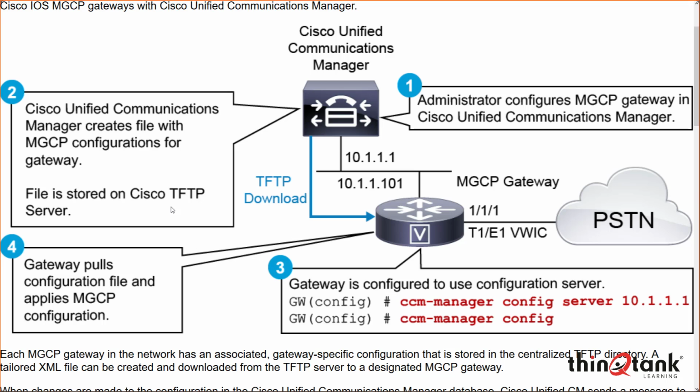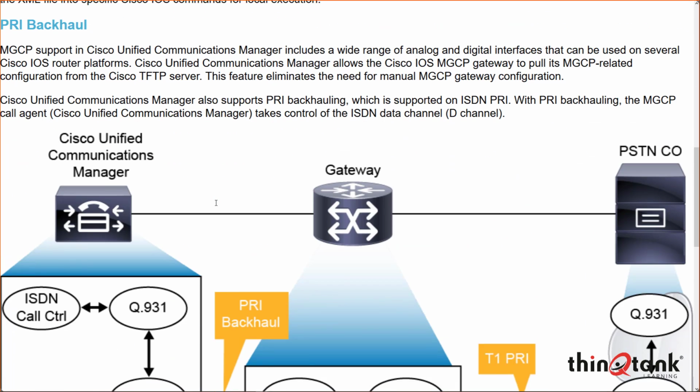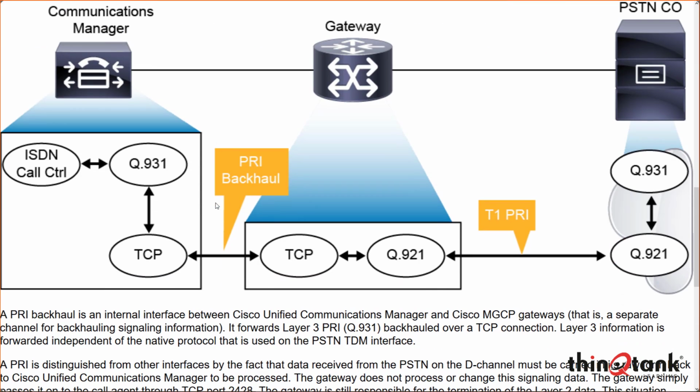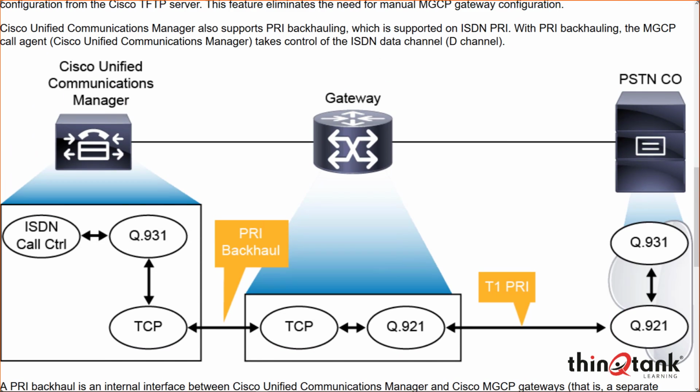Another important concept with these MGCP gateways is something called PRI backhaul. MGCP supports call manager configurations. We know that essentially all of the control of the MGCP gateway is done with call manager, and there are a whole bunch of different types of interfaces that we can support.